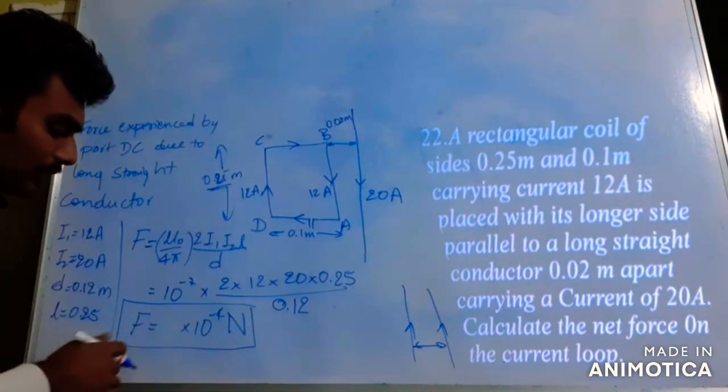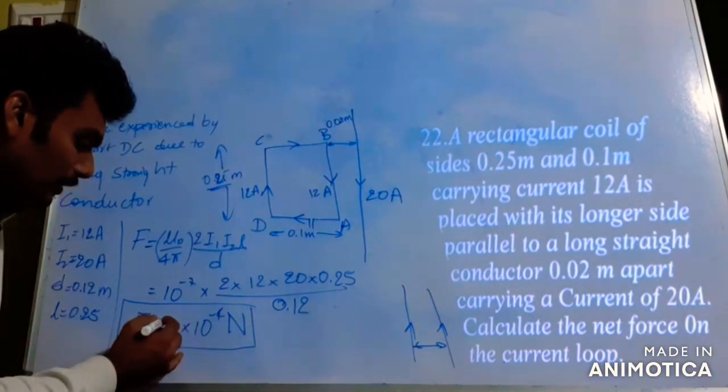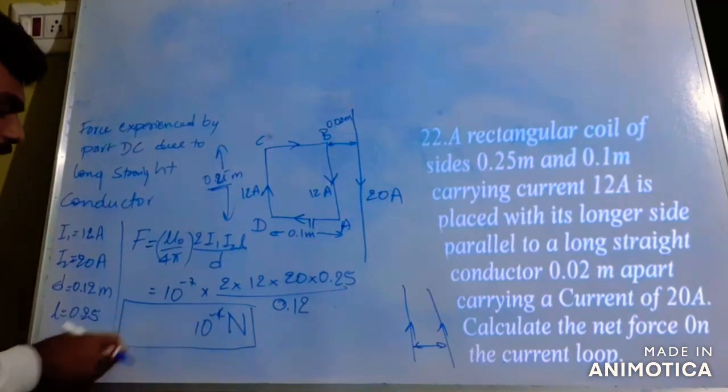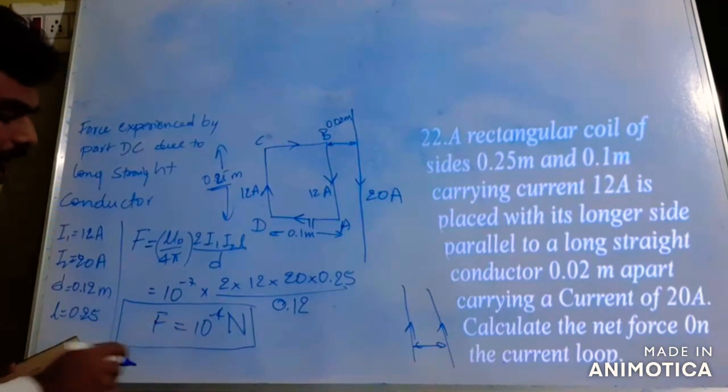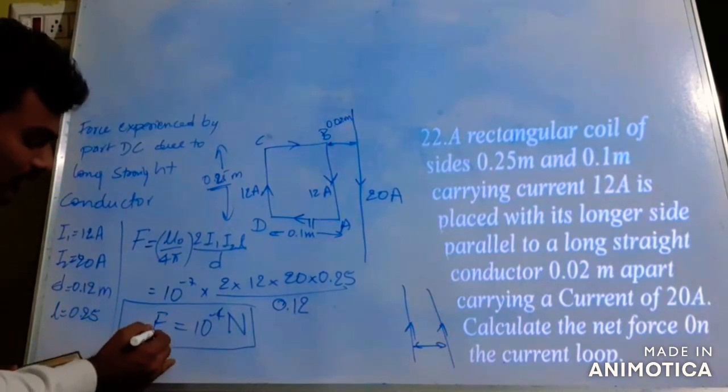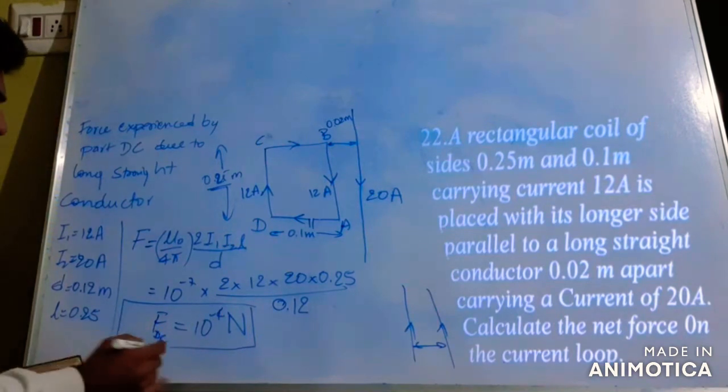After simplifying, you'll get the force as simply 1 into 10 to the power of minus 4 Newton. So F is equal to 10 to the power of minus 4 Newton, which I can name FDC, the force experienced by part DC.